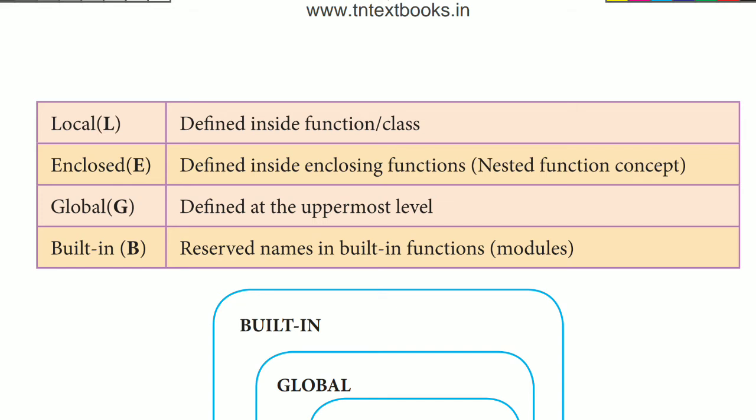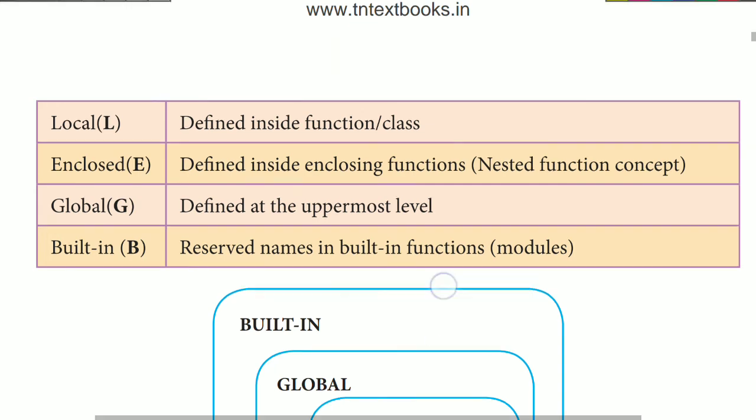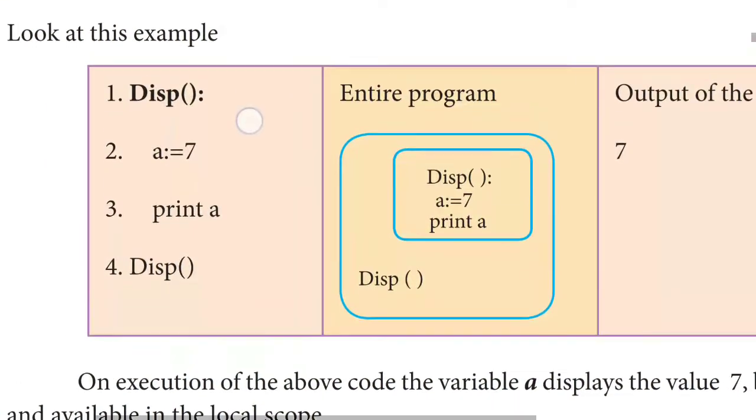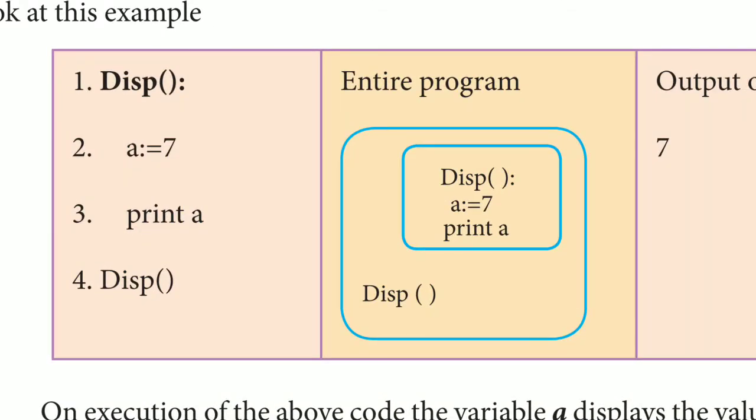Next is enclosed. We'll see the example one by one. So this is local scope. disp is a function that contains two instructions: a is equal to 7 and print a.